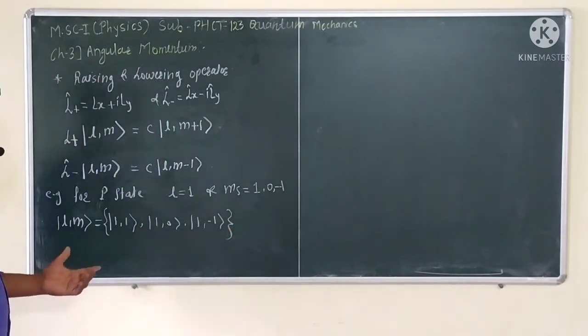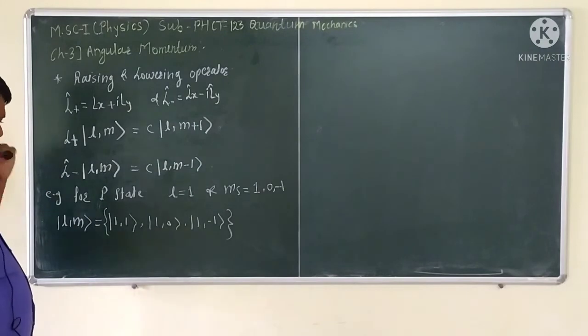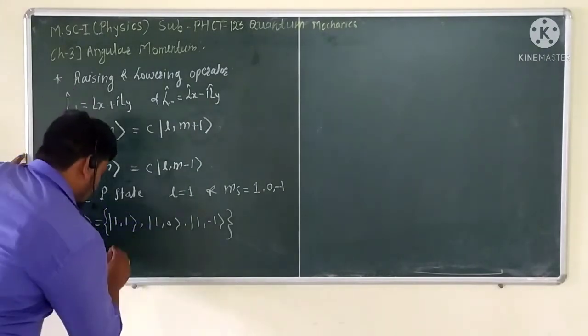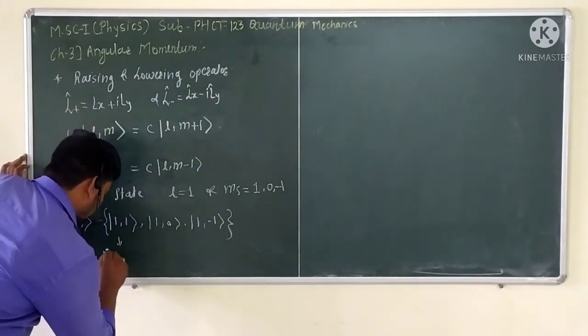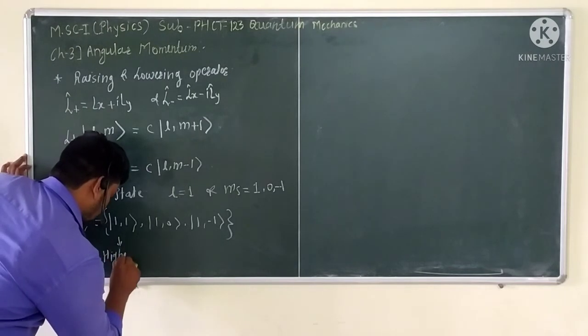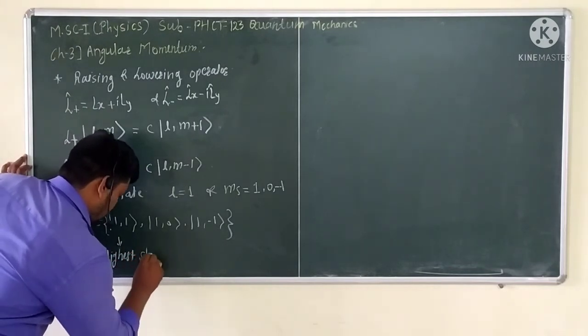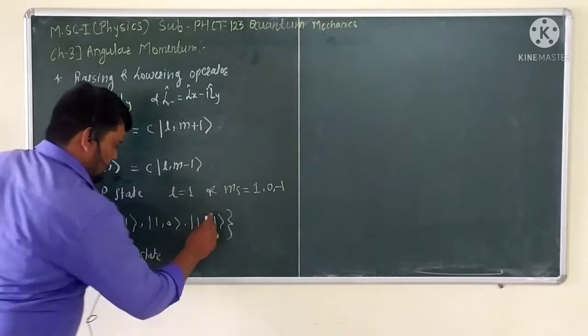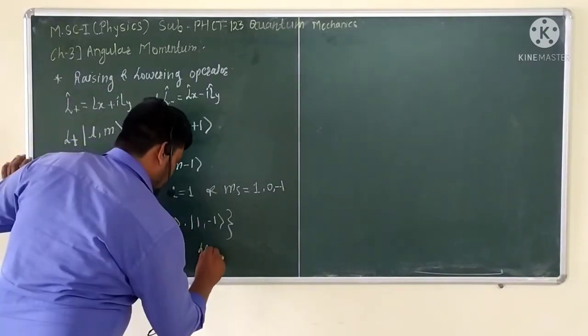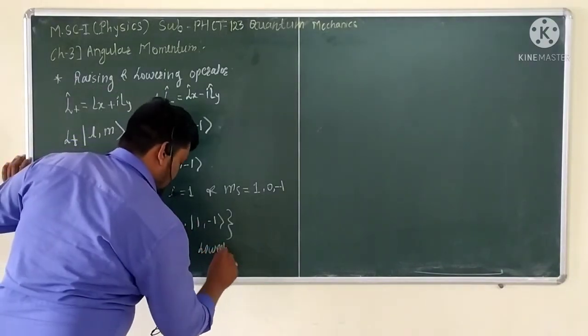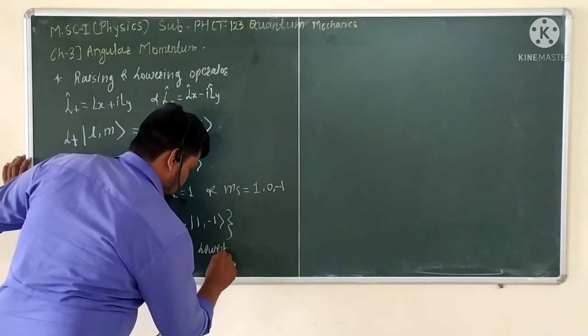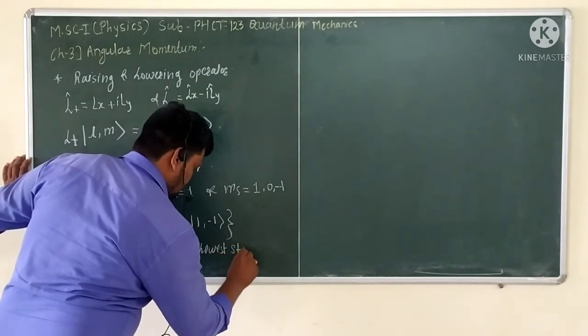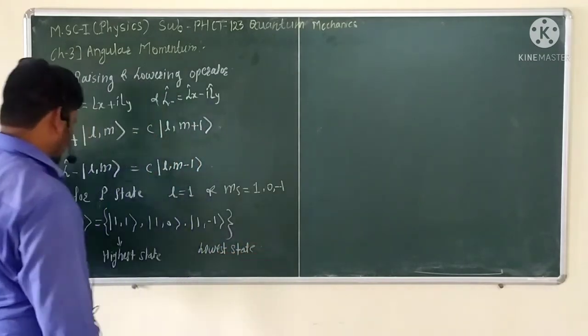So this one is the highest state, and this is the lowest state of the configuration.